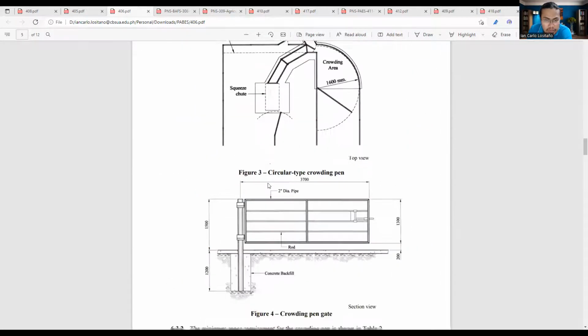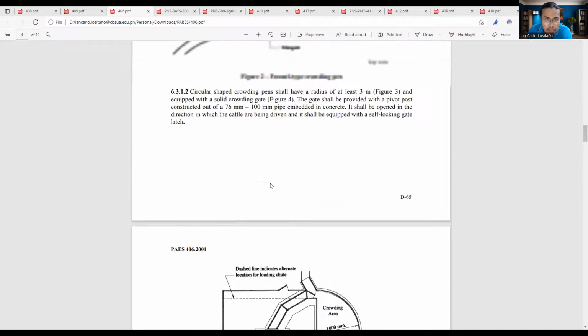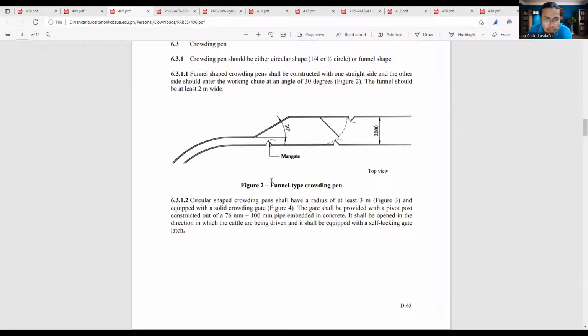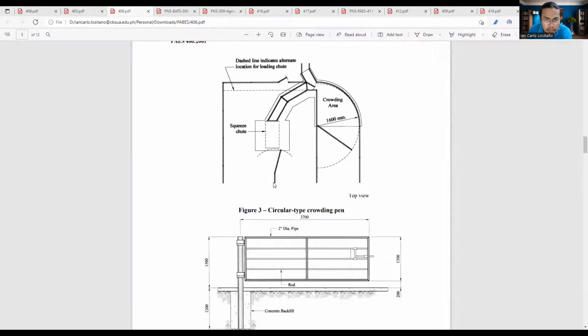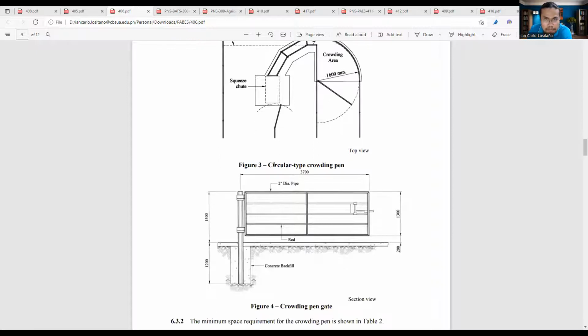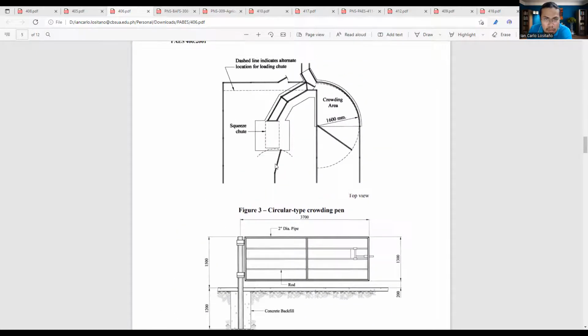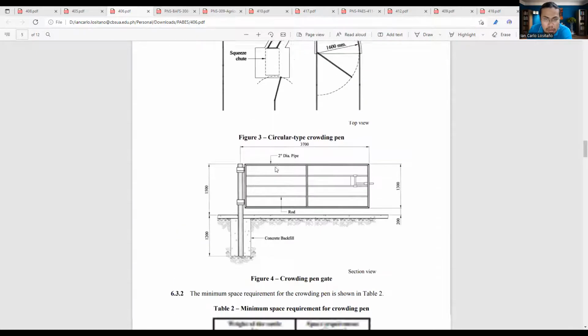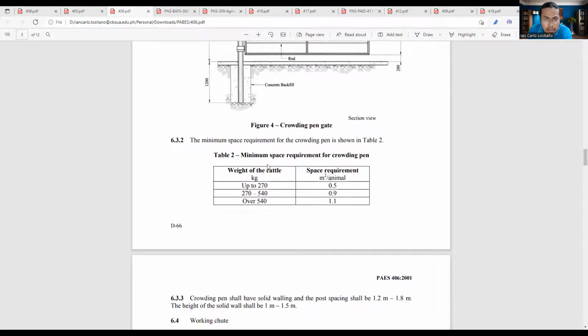So there are two types. You have your funnel shaped crowding pen and then the circular crowding pen as shown. And then there is the minimum space requirement for the crowding pen, depending on the size again of the animal.